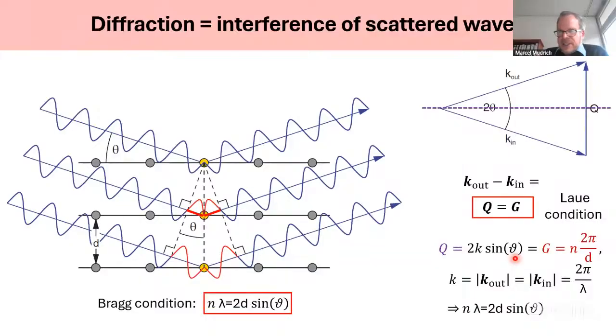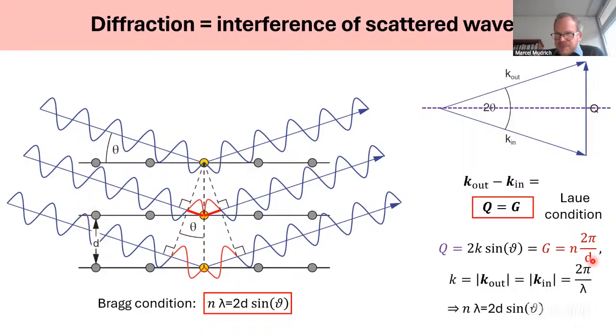And if that is supposed to be equal to a lattice vector in the reciprocal lattice, we have to remember how the reciprocal lattice is defined. The largest lattice vector is 2 pi over d, and then any lattice vector is an integer multiple of that, where d is the spacing between the lattice planes.